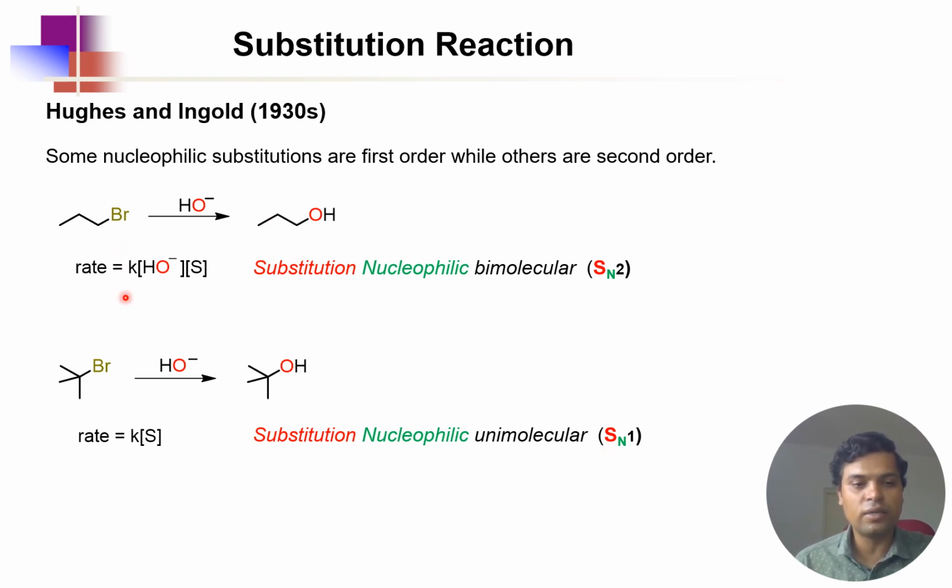Now you see here the difference in the substrate structure. The first one is not that bulky, and the second one is very bulky. When we discuss these mechanisms in detail, we'll discuss the role of this branched structure in determining the different rates of different mechanisms.